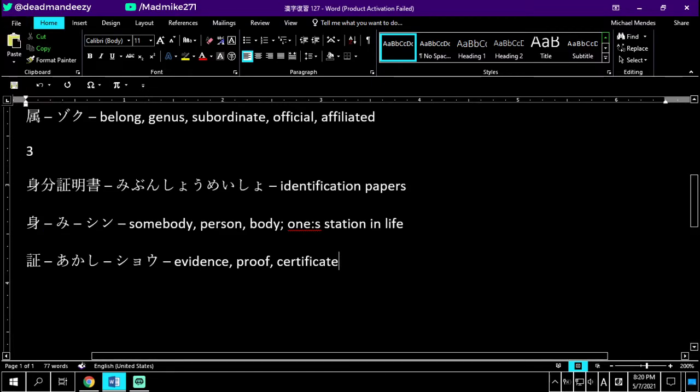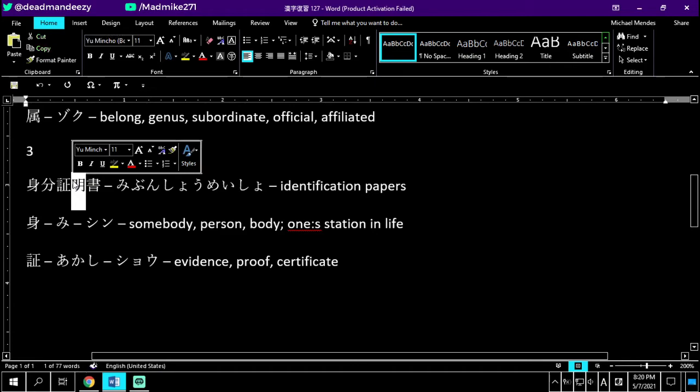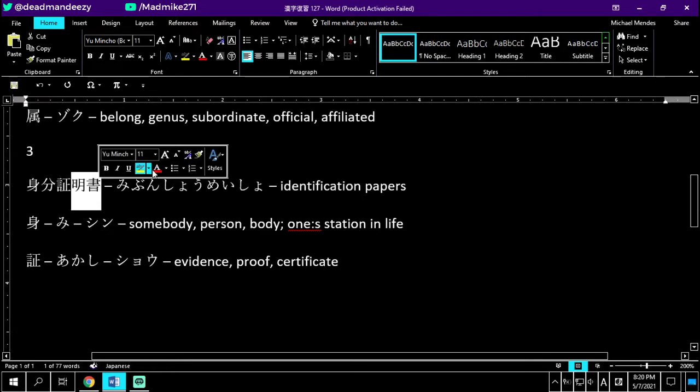So mibun is somebody's part, and evidence of right writing. Mibunsho. Somebody's part in a society, and their evidence of it is right writing.